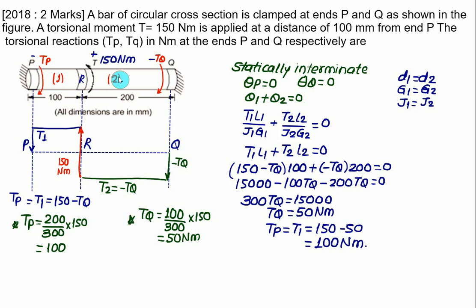For whichever shaft end you want the reaction, take the opposite length divided by total length multiplied by the external torque. But this rule is applicable only when D1 is equal to D2, and therefore J1 equals J2, and G1 equals G2. Only then is this shortcut formula applicable.